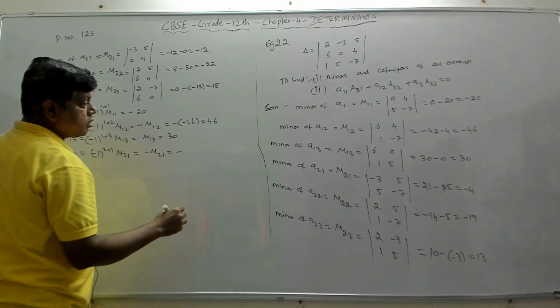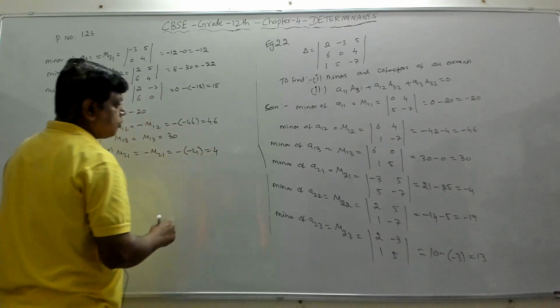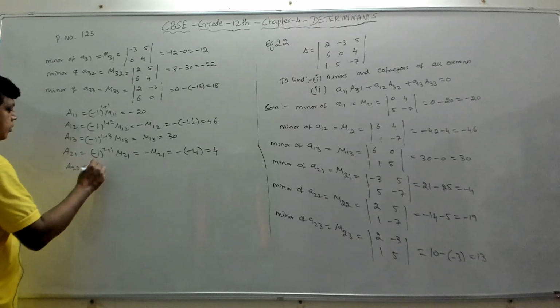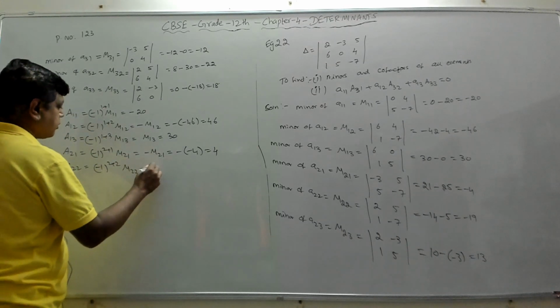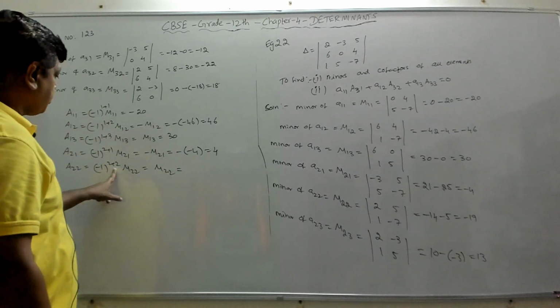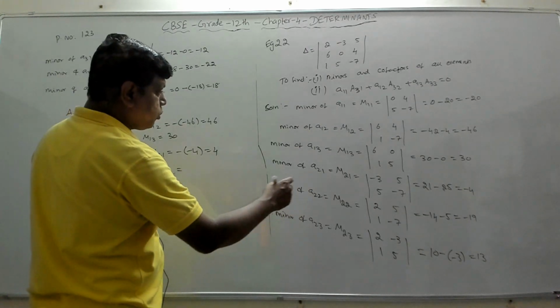M21 is minus 4. So minus of minus 4 is plus 4. Then A22 is minus 1 power 2 plus 2 of M22, because minus 1 power 4 is 1, 1 into M22 is M22, and M22 is minus 19.